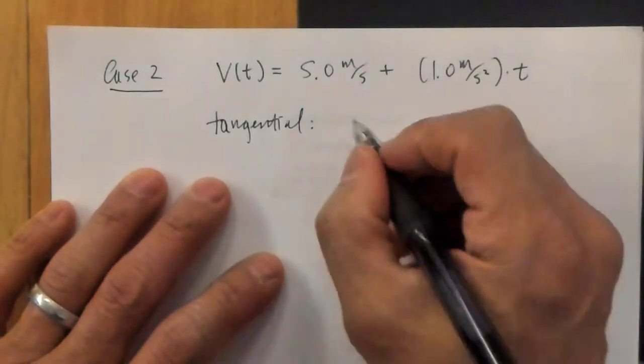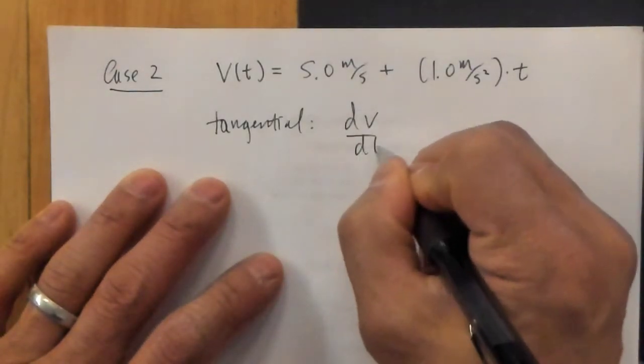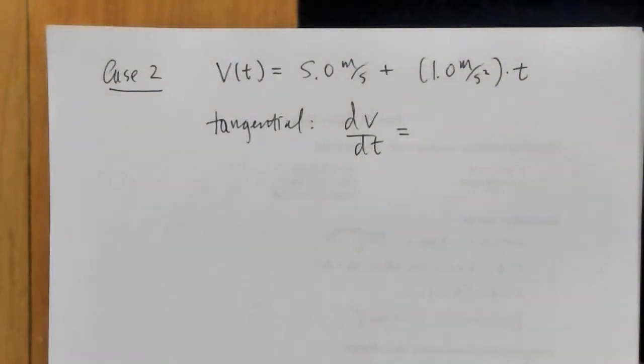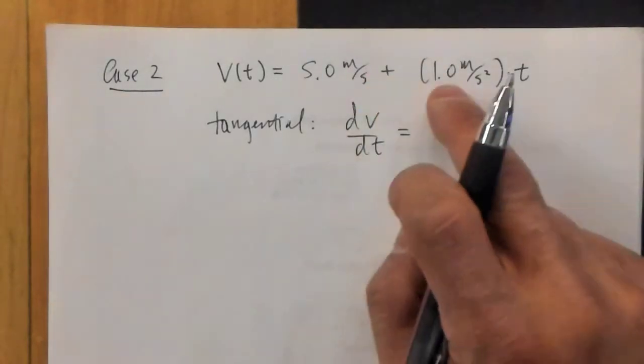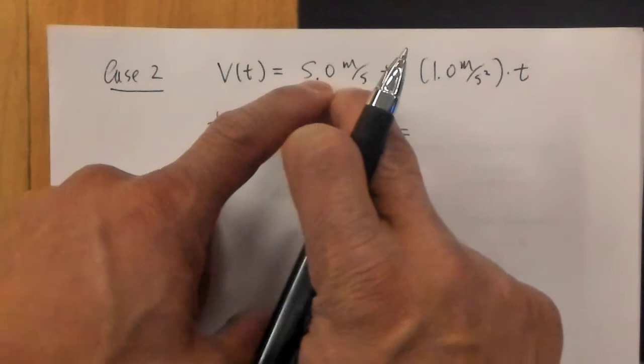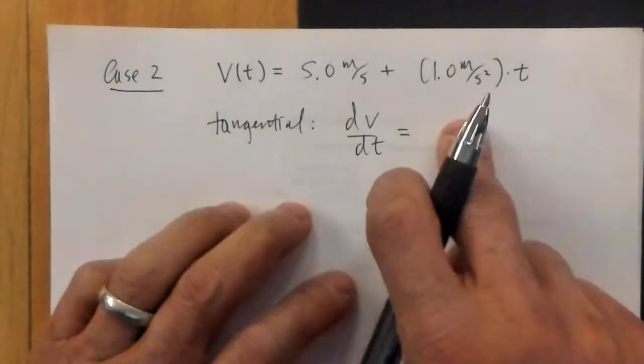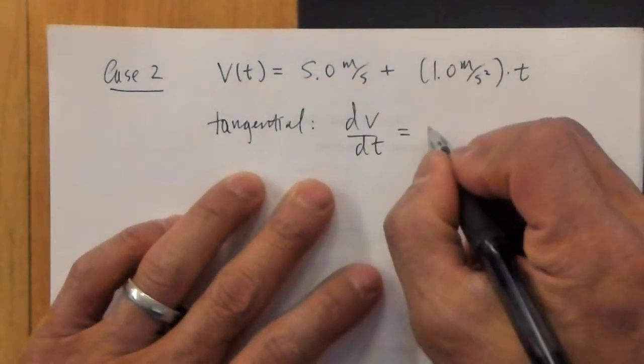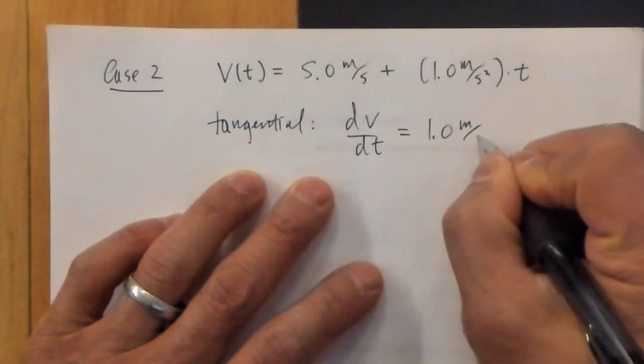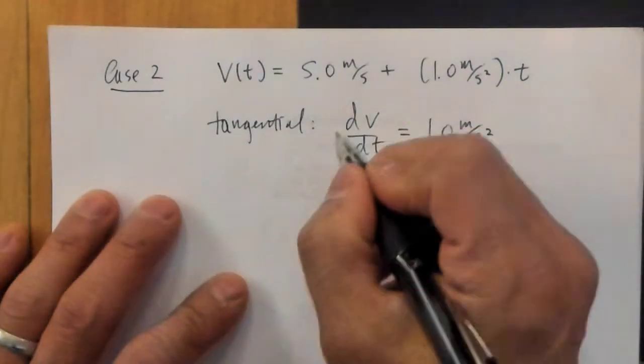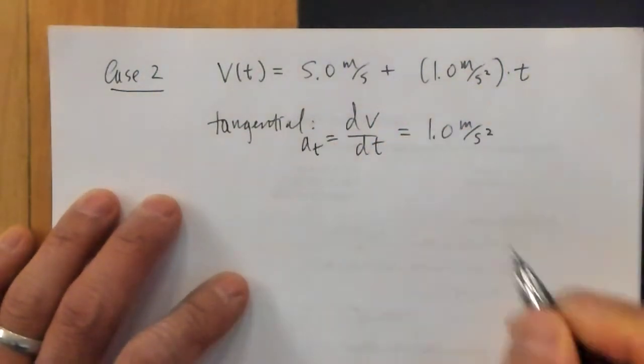The tangential, I said, is the derivative with respect to time, dv by dt. We know how to take the derivative of this. This gives me 0, and the derivative of this gives me 1 meter per second squared. I should have written a_t is equal to that.